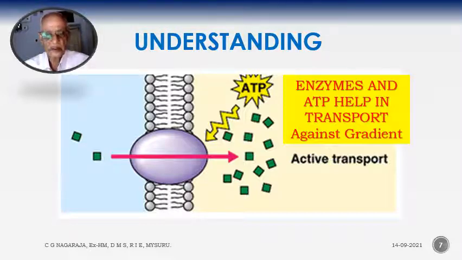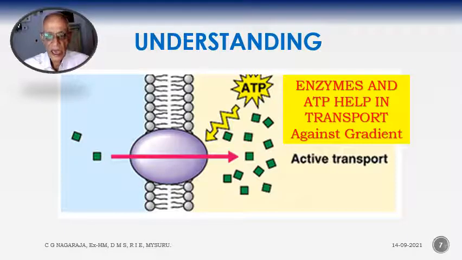For example, if some cell produces an enzyme that is required by some other cell, that has to move out. That cannot go by diffusion. It has to be sent by another method. In that condition, enzymes will carry that by spending energy from the adenosine triphosphate molecule, and this is an energy-required process. That is the only energy-required transport in the animal or plant kingdom.